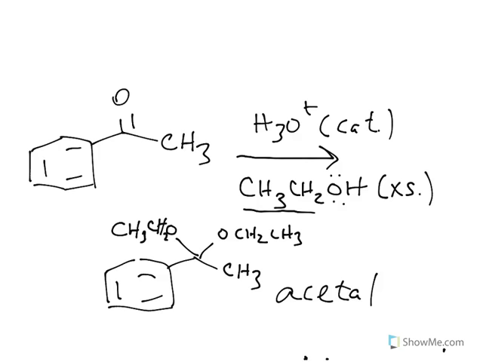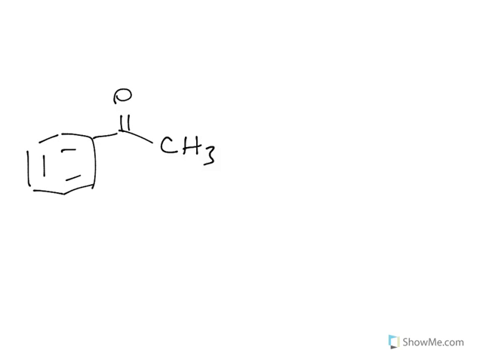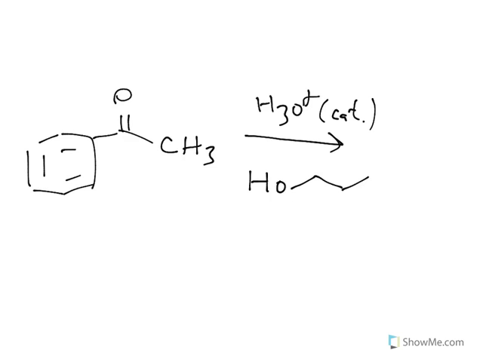You can get really creative with this reaction, and let's go back to acetophenone. And instead of an alcohol, we still need our catalytic amount of hydronium here, but rather than using ethanol or an alcohol, I'm going to use something called a diol.